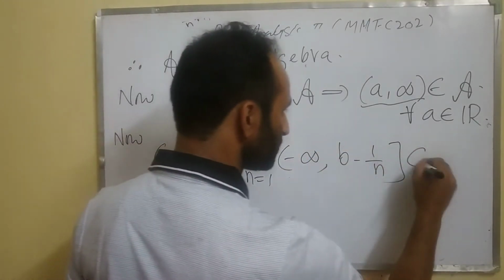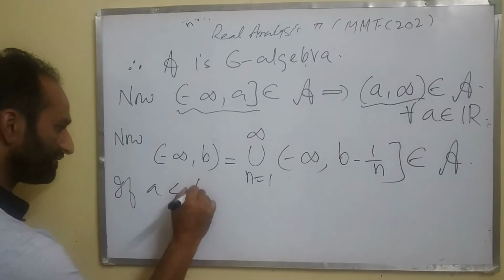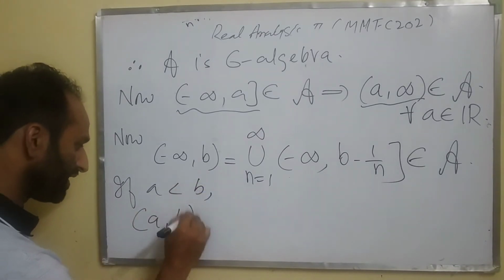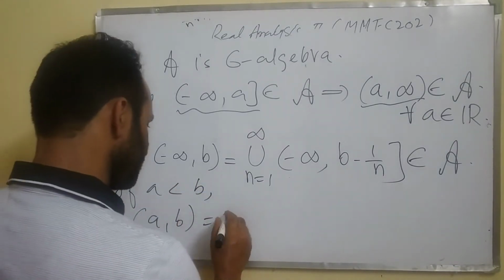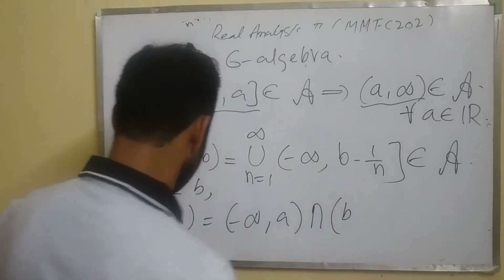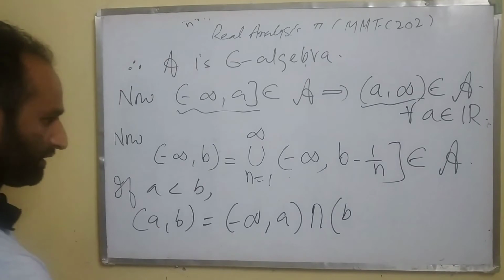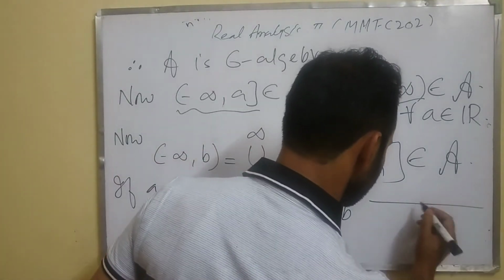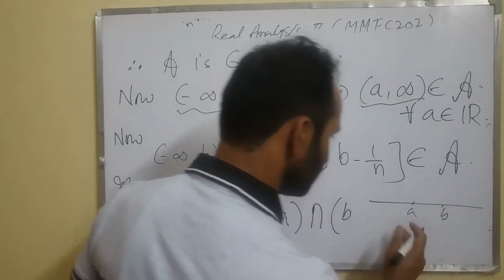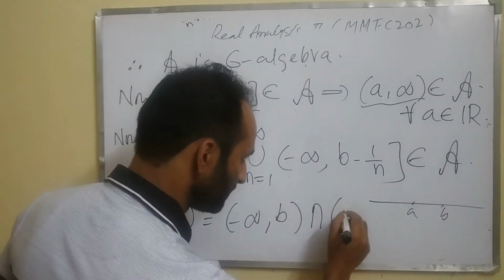So that means it also belongs to cursive A. So if a is less than b, then the bounded open interval (a,b) can be written as minus infinity to b intersected with a to infinity. Sorry, it should be like this: a is less than b, a is here, b is here. So it's minus infinity to b, then a to infinity.